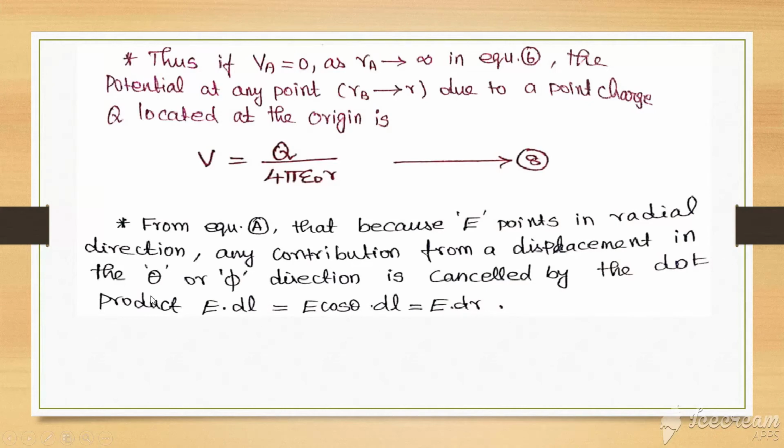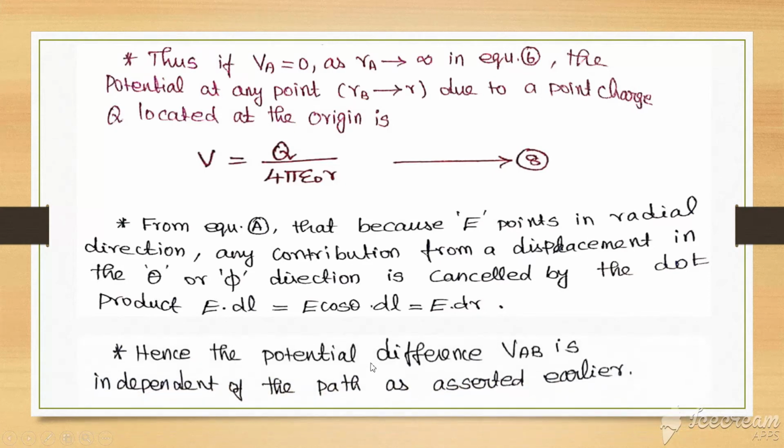So we can cancel the theta and phi parameters. Hence the potential difference VAB is independent of the path taken, as asserted earlier.